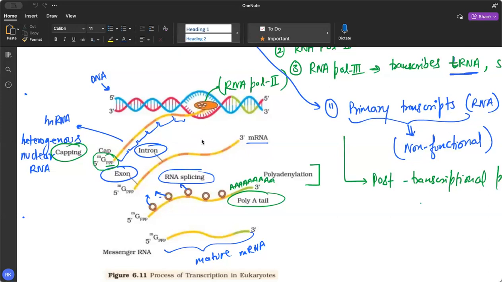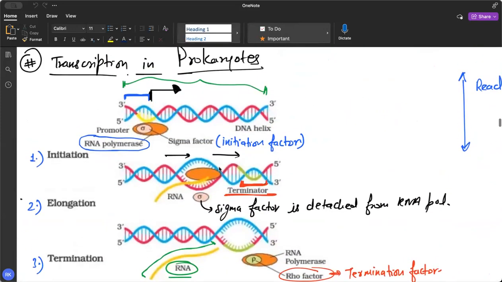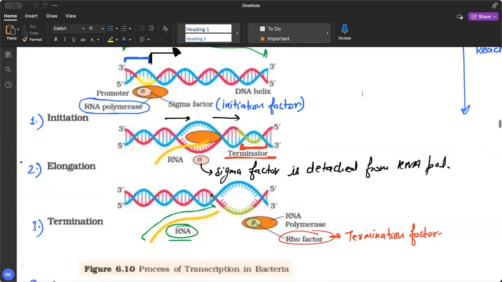A prokaryotic transcription produces fully functional RNA right at the beginning. And the proof is that in a bacteria, the moment an RNA starts to be produced, suppose 10% or 20% of the mRNA is synthesized, at the same time, it will also start getting translated.